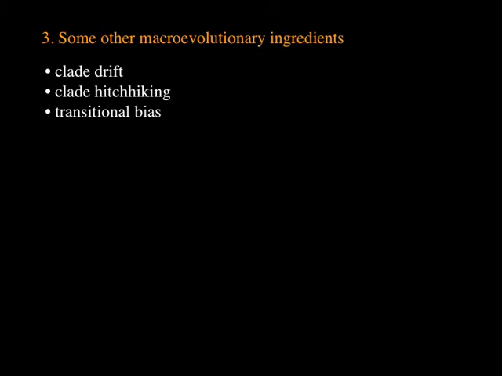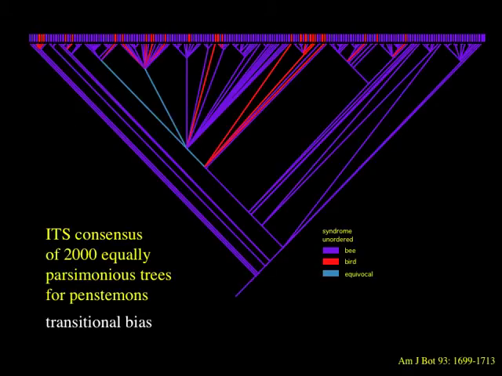So what transitional bias would be is if there's more transitions from one color, say this blue-violet that everything started with, to other colors like yellow and red and orange and white, and there's almost never a reversal back to blue. And I think that that's kind of the case in penstemons. Like in penstemons, we have all of these species that start out kind of bluish, and they're bee-pollinated.